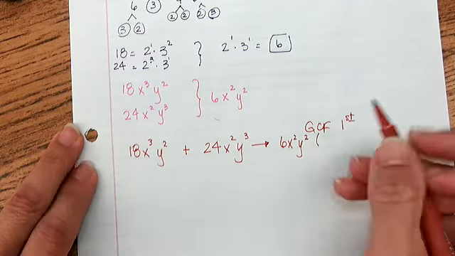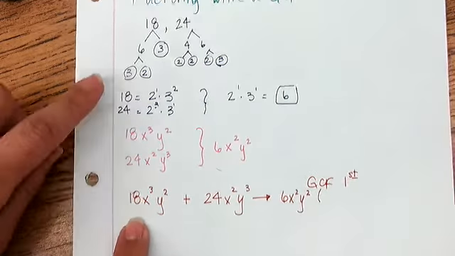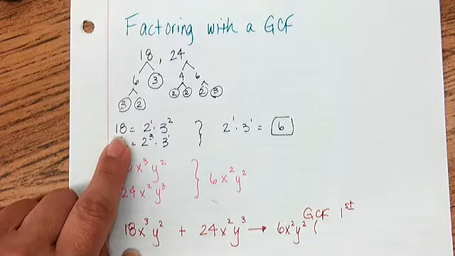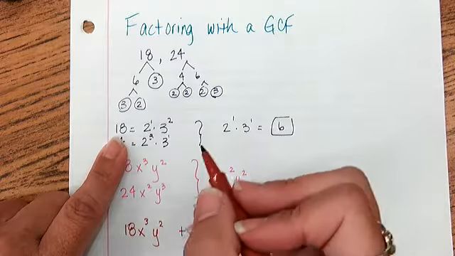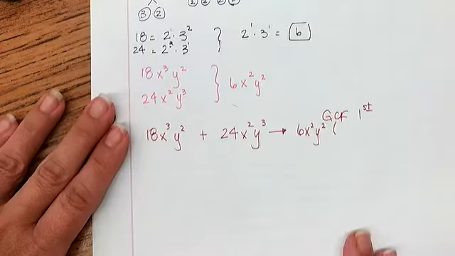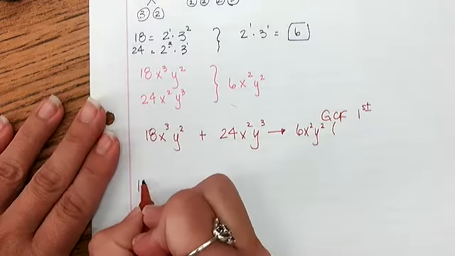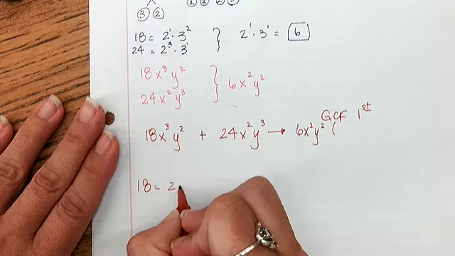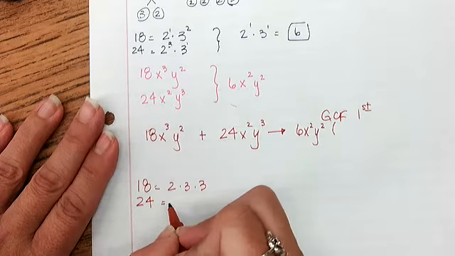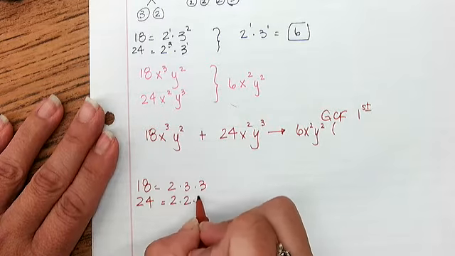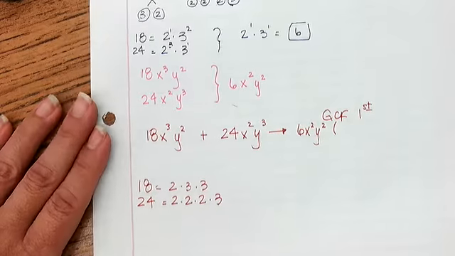Okay, I'm going to go back up to 18. Well, if I take out 6, you know what? My apologies. I'm going to rewrite that down here. 18 was 2 times 3 times 3, and 24 was 2 times 2 times 2 times 3. Okay.